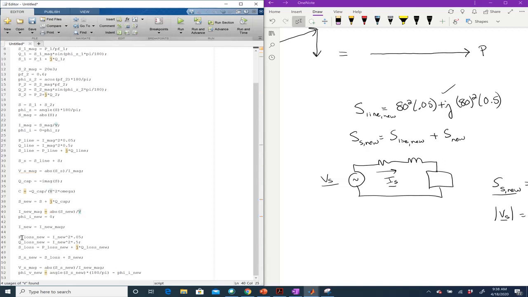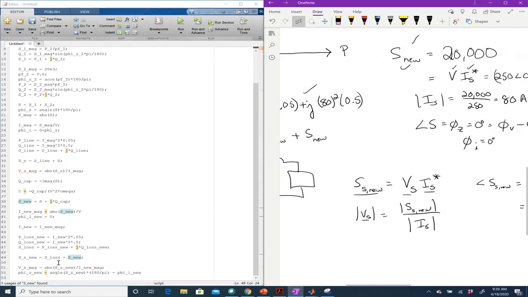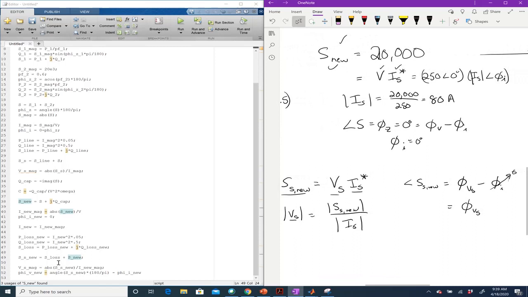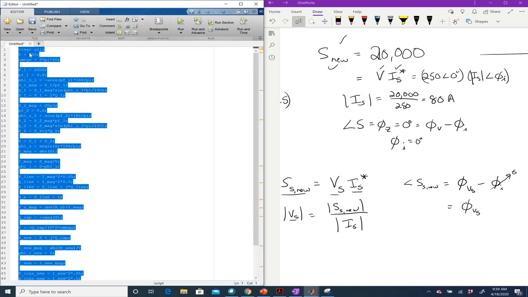I'm recalculating here what the loss is. I combine the loss and the complex power in the load. And then I go through the calculations that I just wrote here to figure out the magnitude of the voltage and the angle of the voltage. So take all of that, evaluate it.